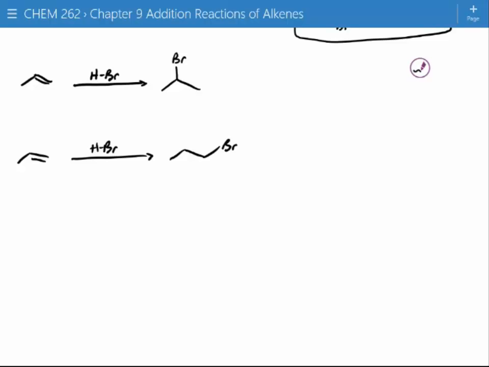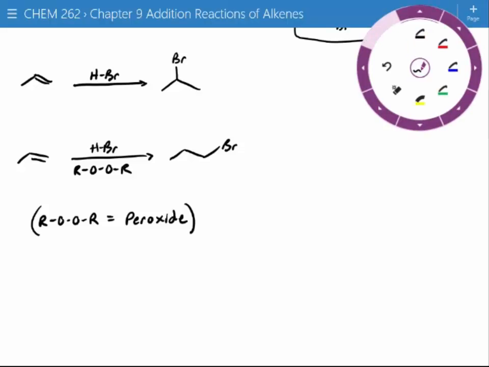And then they realized that the chemicals they were using, the hydrobromic acid, was very impure, or even a little bit impure. And the impurity was causing this reaction to proceed differently. So I'm going to abbreviate this ROOR. ROOR equals a peroxide. So there was some sort of peroxide product or byproduct in their hydrobromic acid that actually changed this reaction so that the bromine added to the other side.